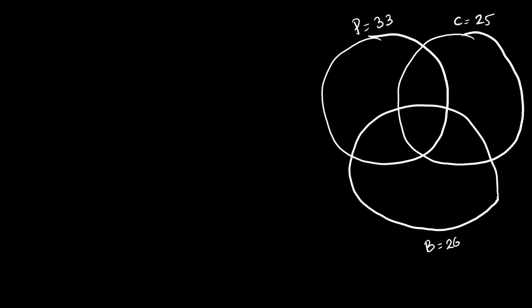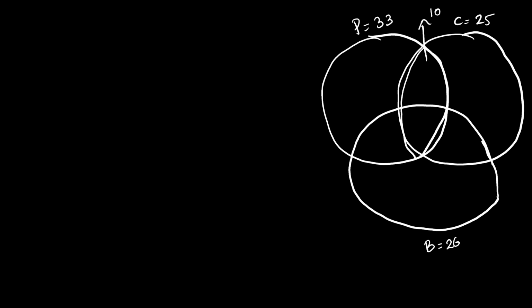First, we'll draw the Venn diagram. Now this is physics 33, chemistry is 25 and biology is 26. And the students studying both physics and chemistry, this portion is 10.